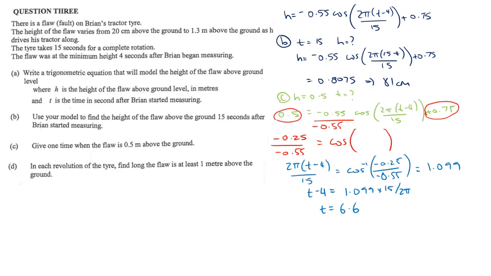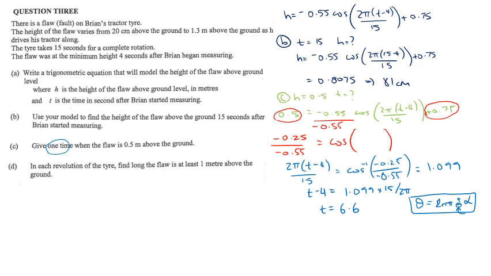Now 6.6 is not the earliest one, but it just says give me one time. The reason that's not the earliest time is because of the general solution, this is the formula for cosine graphs. It just happens that this negative alpha actually is in that period, but it doesn't matter. There's one answer. Hopefully that makes sense.